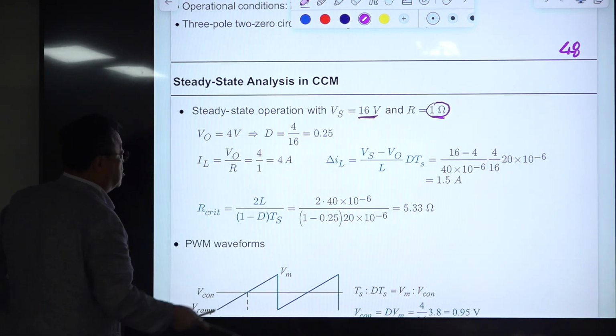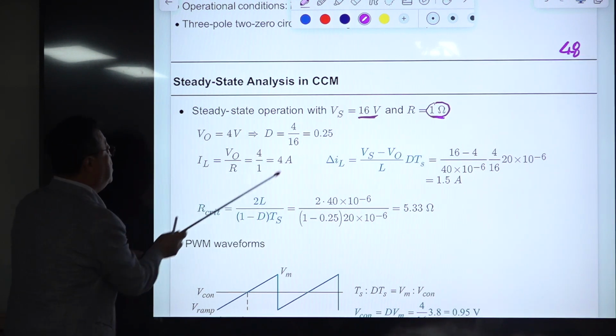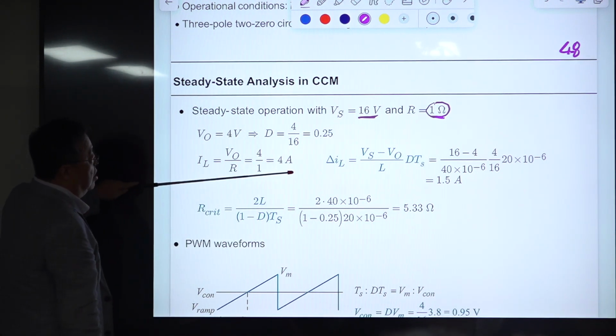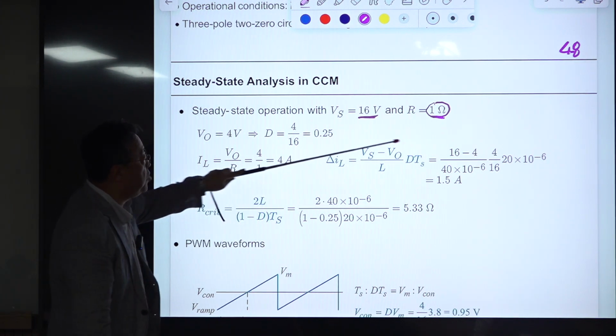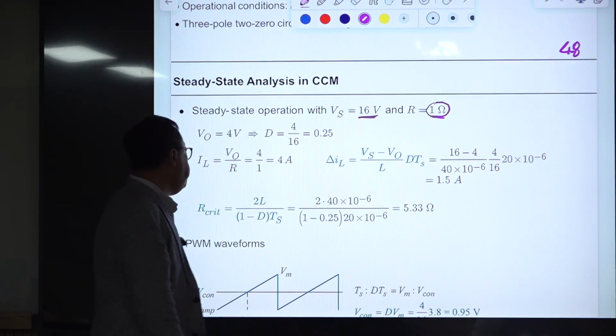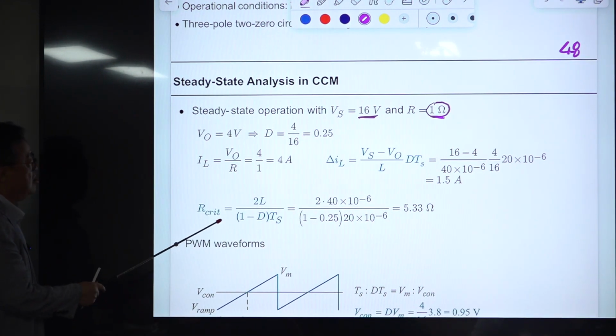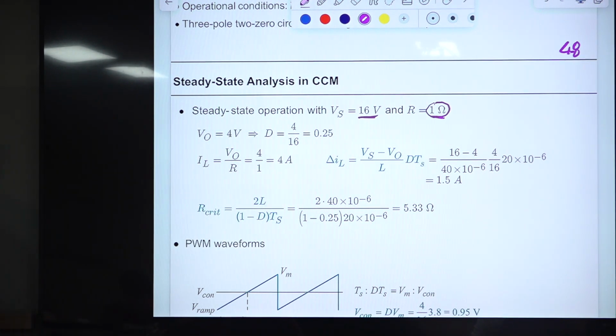By the feedback mechanism, this should be this one, and I_R is this one. Then the fluctuation of inductor current is based on this on-time slope and the on-time period. This is the formula for R critical. Assuming L and T_S are fixed, that value is 5.33 ohm.